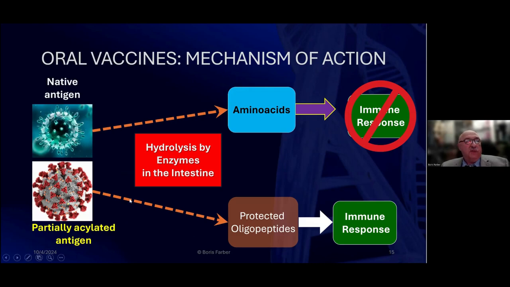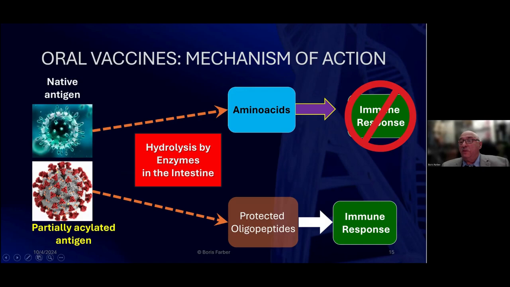If I look at this branch, the modified antigen is protected from enzymatic hydrolysis and breaks down into immunogenic haptens. Haptens are absorbed into the bloodstream. Absorbed haptens induce an immune response. This approach enables oral vaccine administration while maintaining immunogenicity and overcoming traditional challenges associated with oral vaccines.